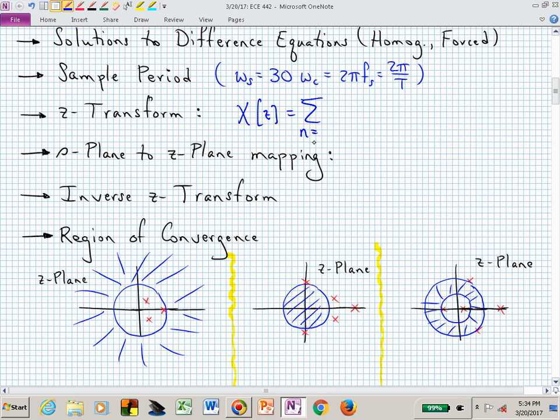And let's say that the time index is little n. And if it's now the generic or the most general form of the Z-transform, what's the lower index that we're summing with respect to? We're going way over to minus infinity. And we go all the way to plus infinity.